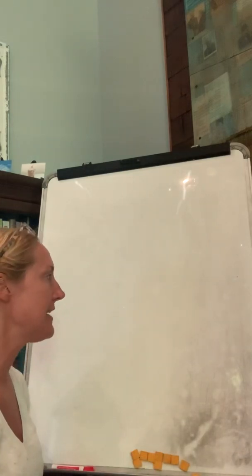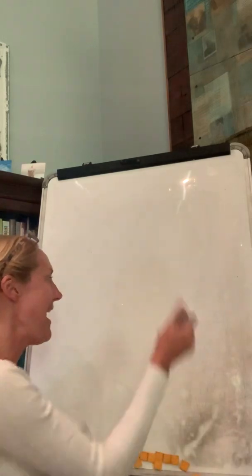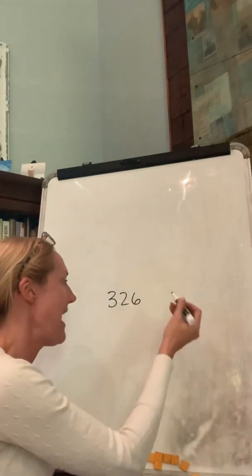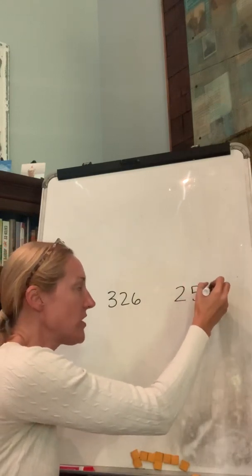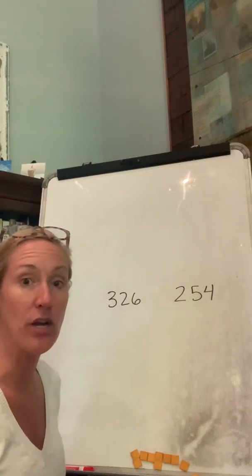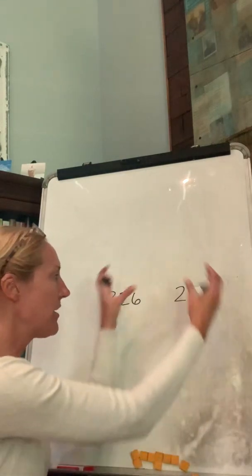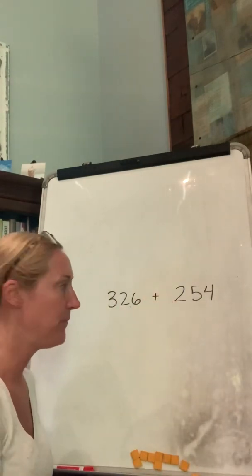So for instance, if I said that Clara has 326 stickers and Cyrus has 254 stickers, and they are going to put them together into one sticker book. If we're putting them together, we're adding. We have two different numbers, we're going to add them together.